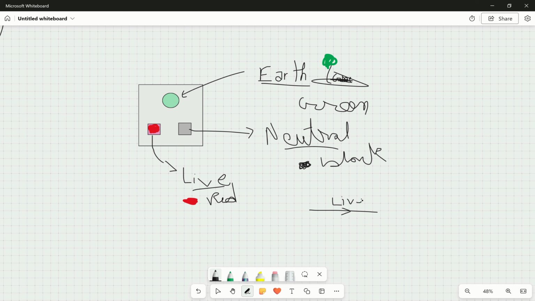Then we can draw a bulb. This is a bulb, and we will draw the wire which takes back. It is neutral. Then we will take here like this and earthing. This is a symbol of earthing.